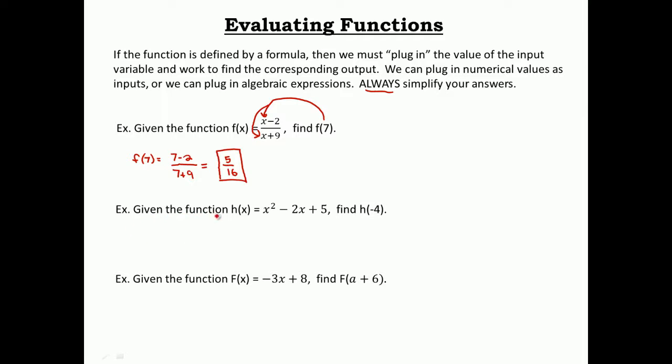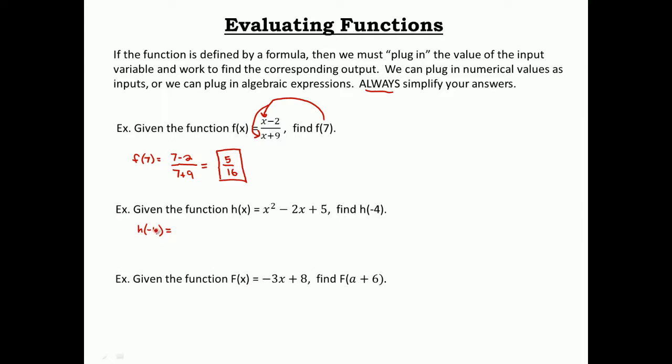Given the function h of x is equal to x squared minus 2x plus 5, find h of negative 4. Again, this notation means use x equal to negative 4 in the function. So everywhere we see an x, we'll replace it with the negative 4.